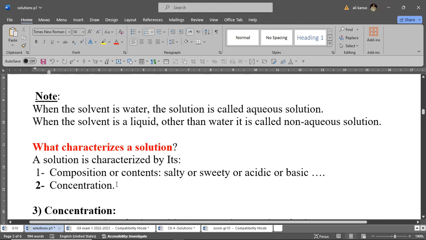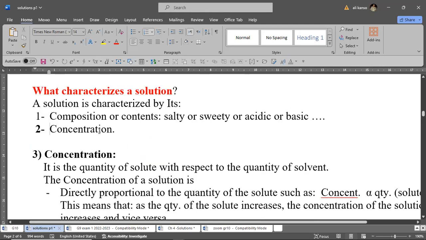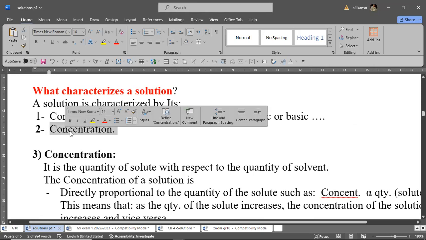We can express it as less concentrated or more concentrated. And if you put two teaspoons of salt and 3 teaspoons of salt, the one that contains more salt will be saltier, or more concentrated. So a solution is characterized by its concentration.